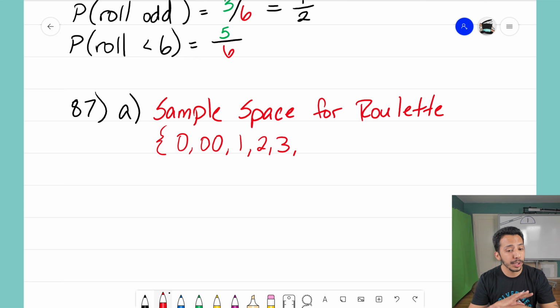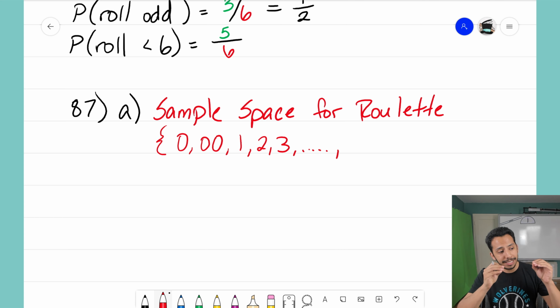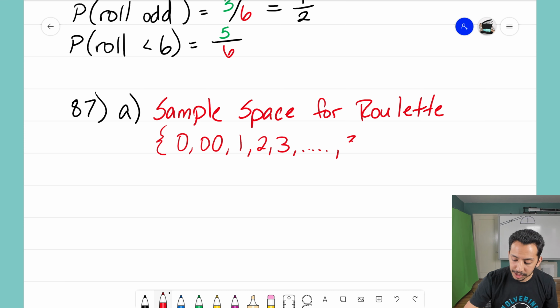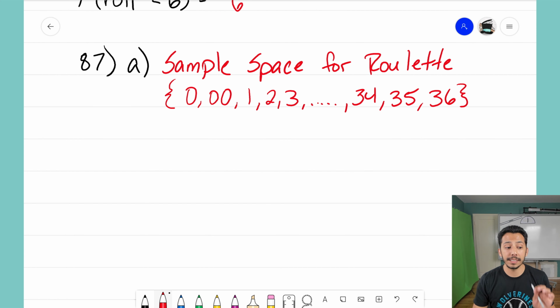Of course, we are not going to write that all the way out to 36. That's going to be very tedious. Instead, let's just draw a couple of dots there showing that it is going to continue all the way to 34, 35, and 36. Hopefully that's making sense to you, that we can't forget about the 0 and the double 0.